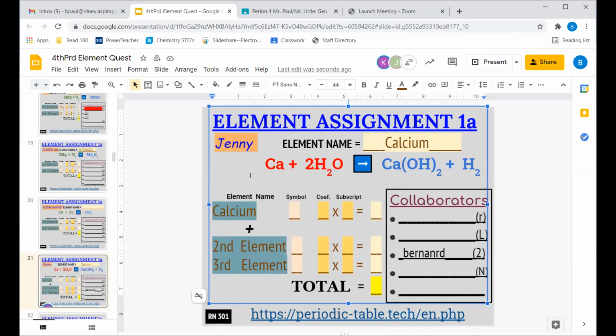Okay. So what's the symbol for calcium? Ca. Can somebody tell me if it's correct or not? Directed at somebody, Jenny. Is it correct?